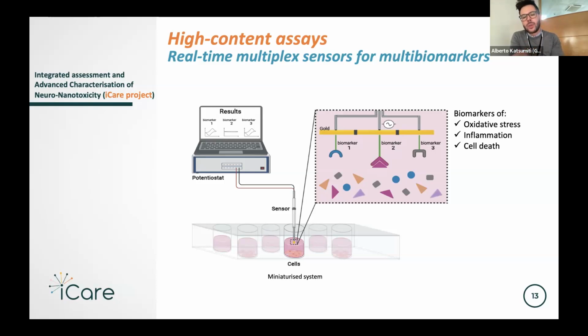The idea is to reduce the size of these sensors to be able to do these measurements in smaller systems, for example, 96 well plates. So the idea is to have a system able to measure in real time different parameters at the same time, basically speaking about biomarkers related with oxidative stress, inflammation, and also cell death.